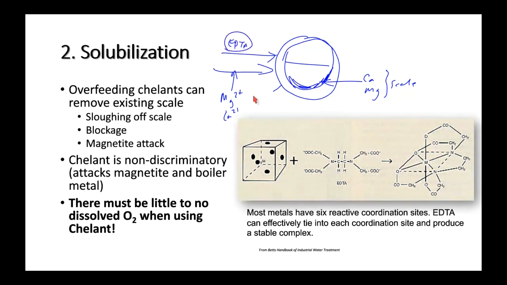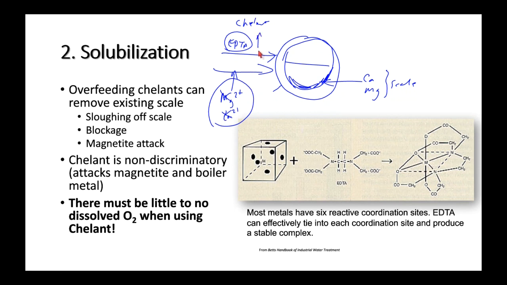And the quantity of amine, and this is ethylene diamine tetraacetic acid, so I should really be calling it chelant. The amount of chelant that I'm adding is going to be just enough to knock out that stuff. No more, no less. We want the exact amount.